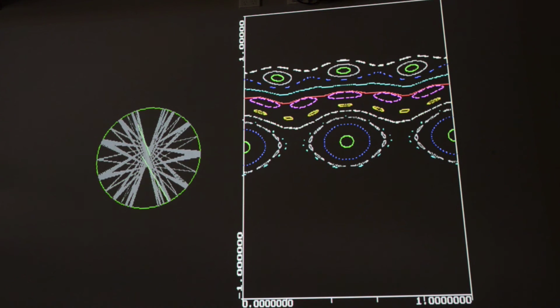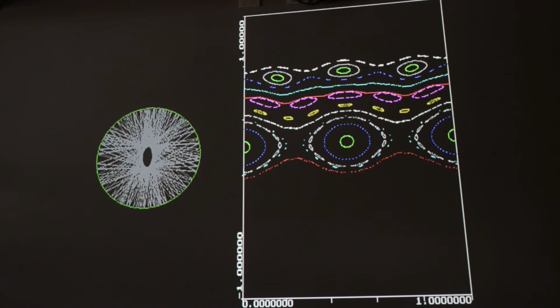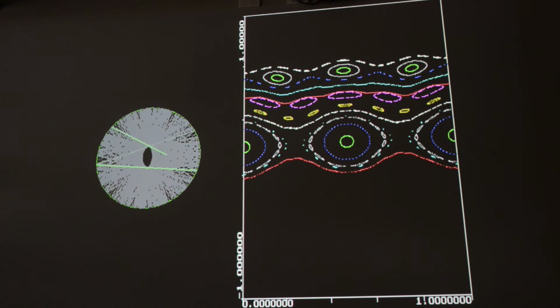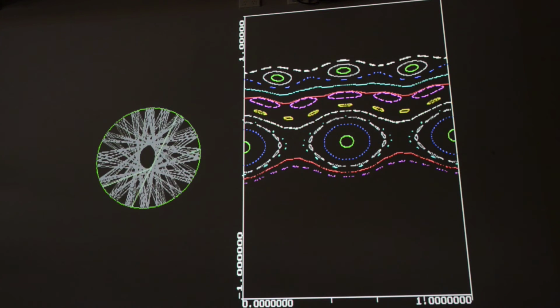And these are islands around the island, the 2 island, if you agree with that. And by now you can see it's kind of hard to avoid the islands. You get some that go through, but mostly as you're cruising around.